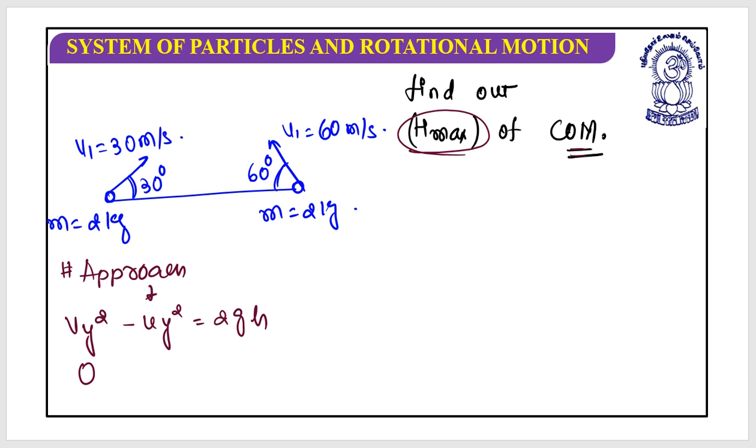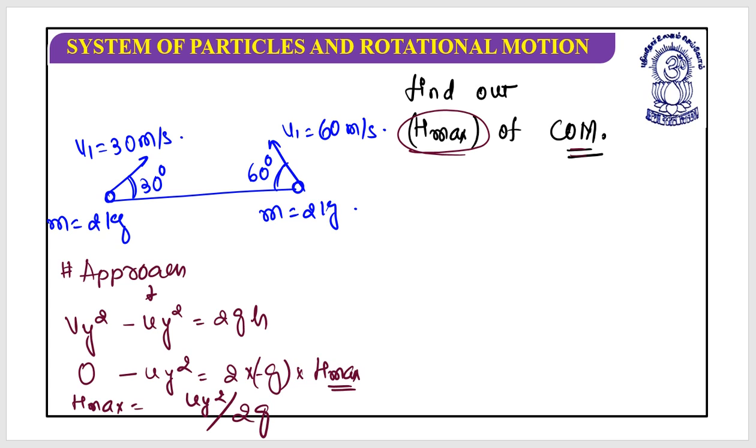If I put vy as 0, then uy square should be equal to minus 2 g h max. So this h max is equal to uy square divided by 2 g.